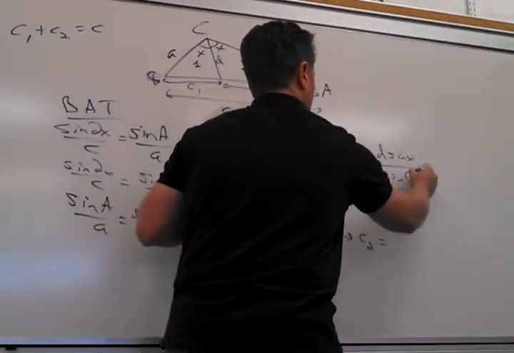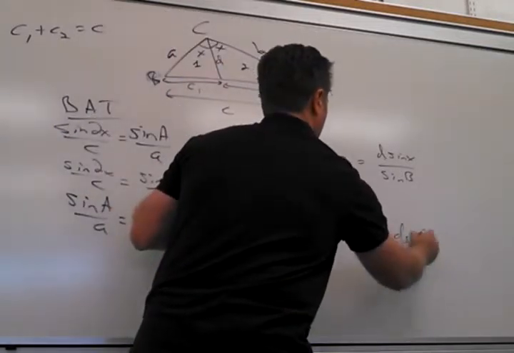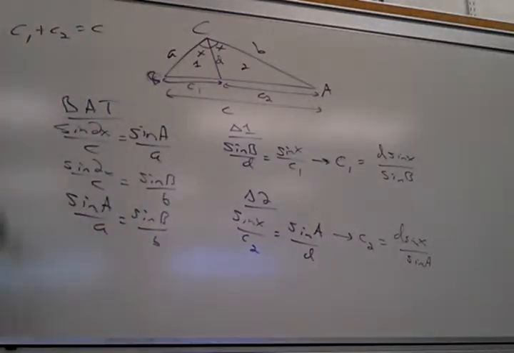D sine x over sine A. Which one of these do we use? The 2x, since they're both sine. Do this one, okay. So if I solve for C, what do I get? B sine 2x over sine B.